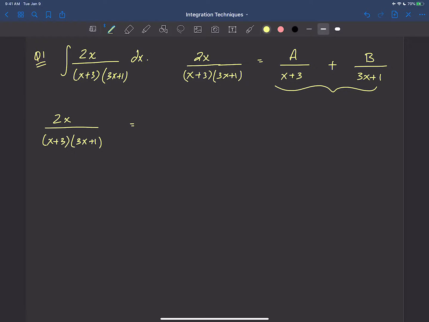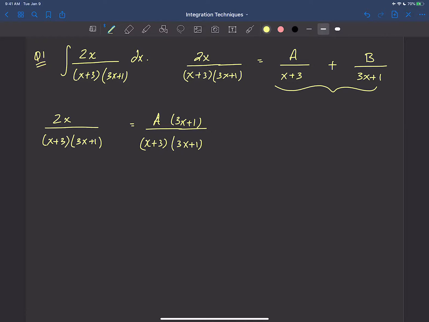However, if you make the common denominator here, I'm going to go piece by piece, because this is where sometimes people get tricky. So a over x plus 3: this already has the x plus 3 factor. It only needs a 3x plus 1 factor, so I'm going to multiply by that and divide by that as well.